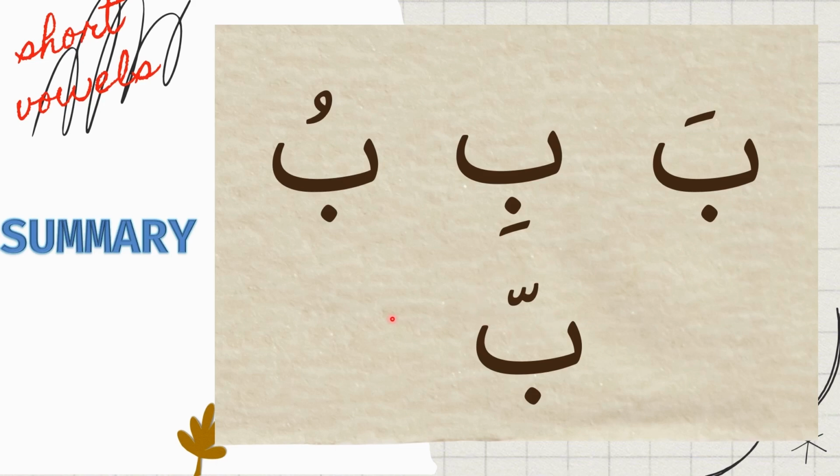The third one is like a little comma put above the letter and it produces the U sound, so this is Bu. The fourth one is like a little W put above the letter and it makes it doubled. So all of them are above except for the Kasra, which is written below the letter.